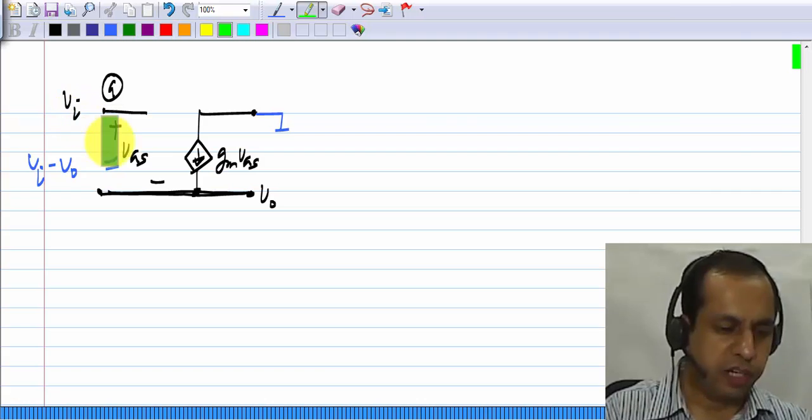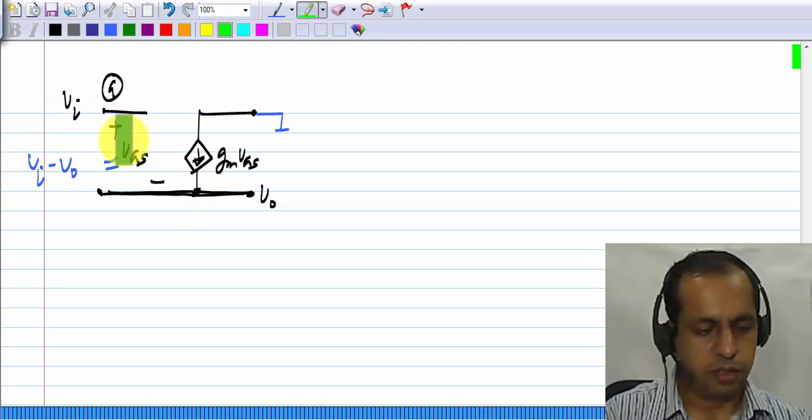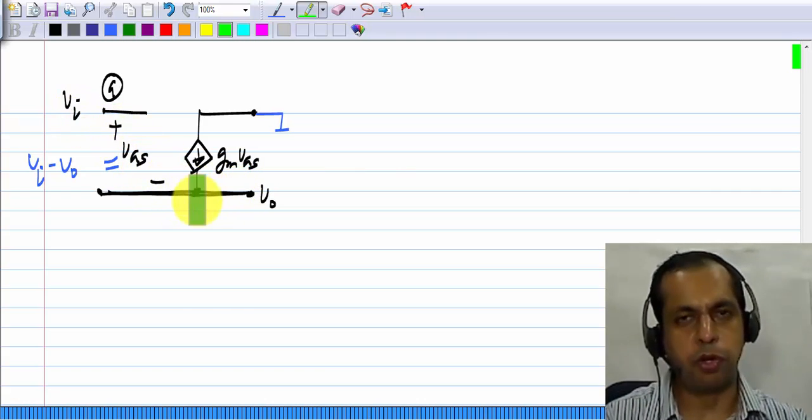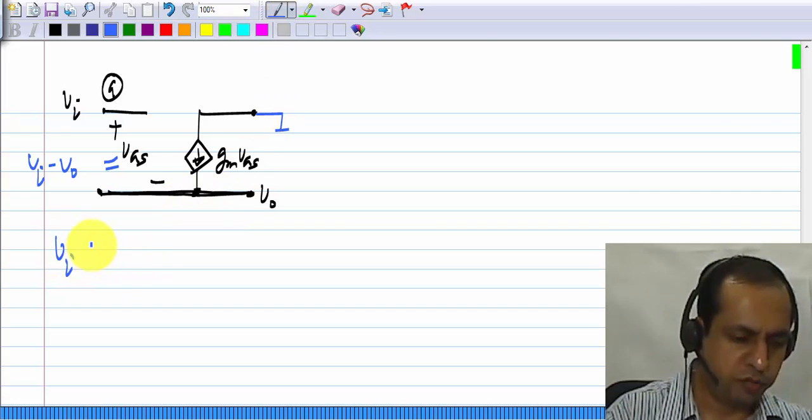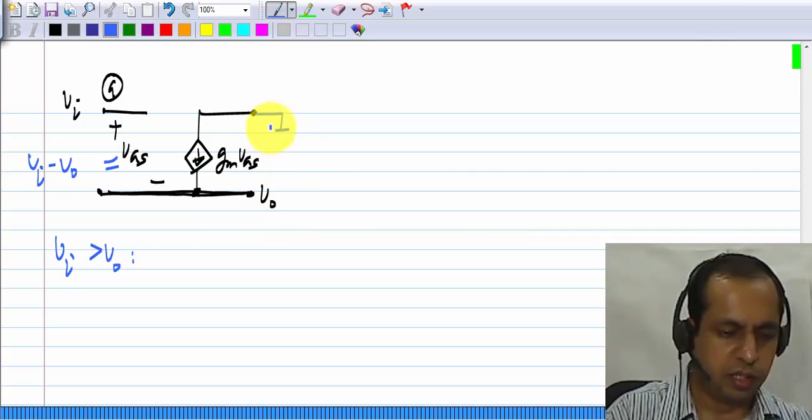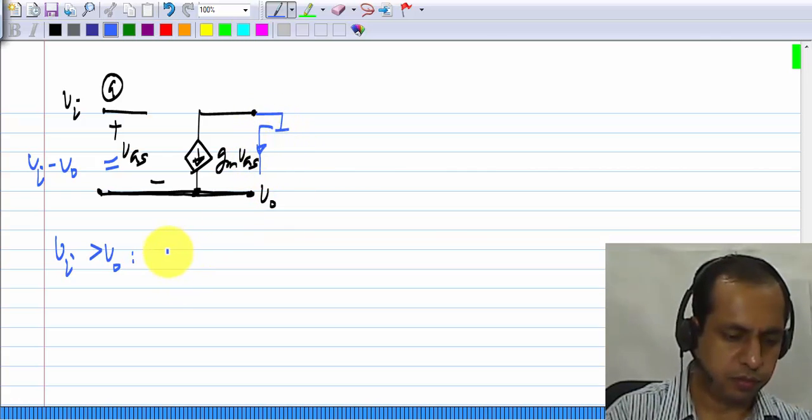Now what happens if Vi is more than V0? That is, V0 is smaller than what is desired. Okay, Vi is more than V0, then current flows this way.